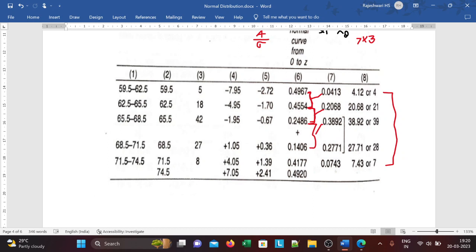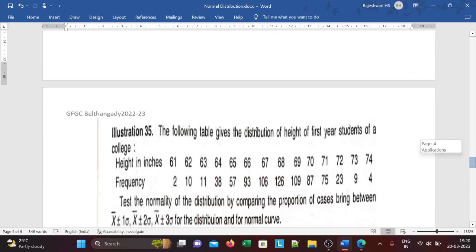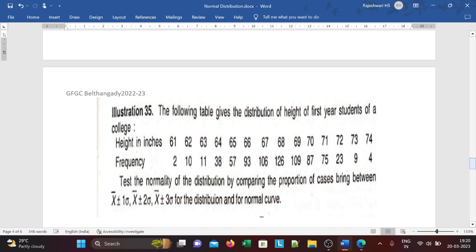So hope you understood. If you have any doubts, you can ask at any time. So you should try this one or the next one. They are given the following table, which gives the distribution of height of first year students of a college. So they are given height in inches and of course the frequencies.